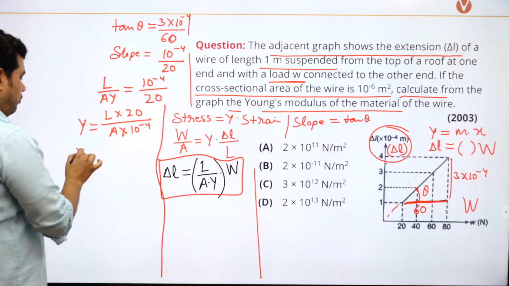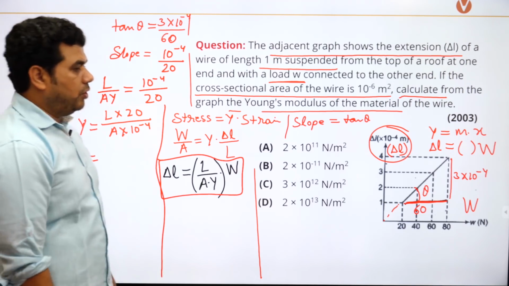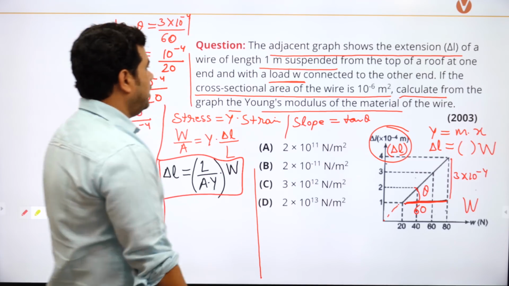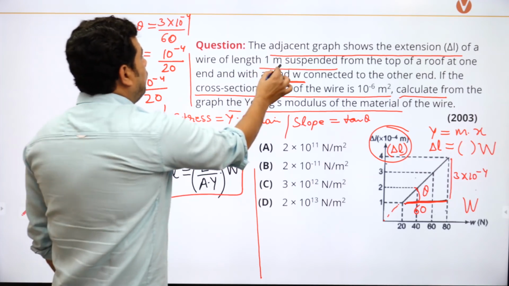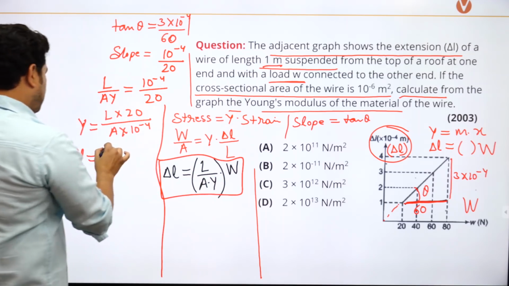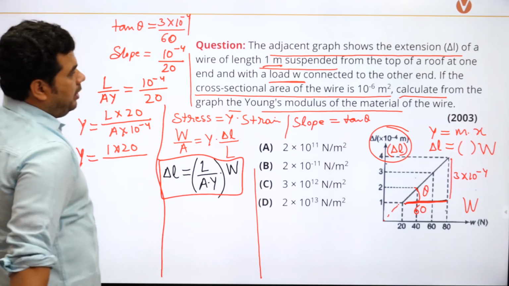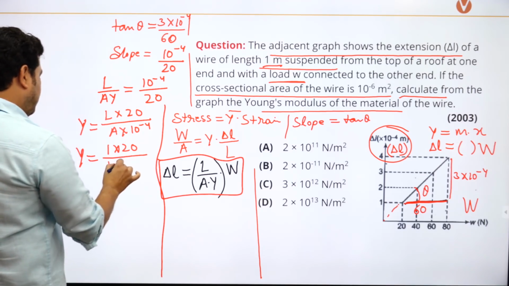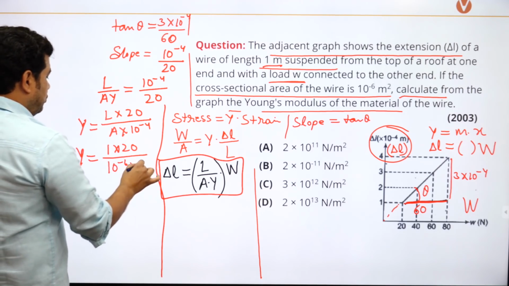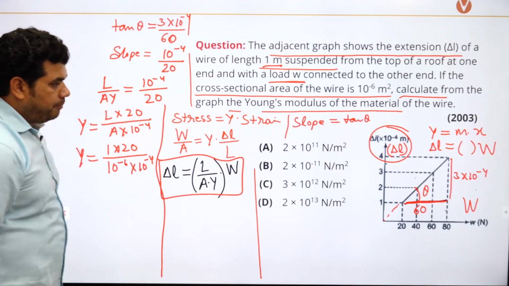Now Y is equal to L. What is L here? L is given here as 1 meter, right? So this is 1 into 20 divided by A. A is 10 to the power minus 6 into 10 to the power minus 4.